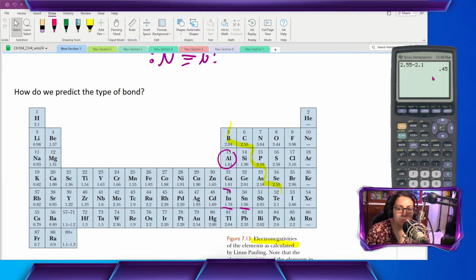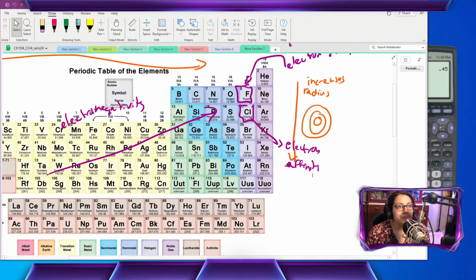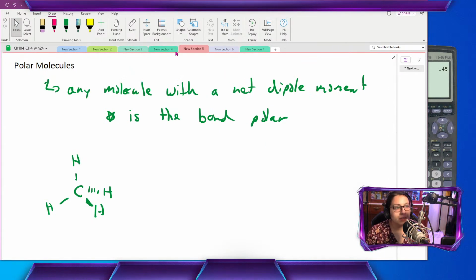That falls right in the non-polar range. You see it's right on the line of pure covalent versus polar, and so I would consider that still a pretty non-polar bond. We said we have to analyze our bonds, so first of all, I would say this is not a polar bond.